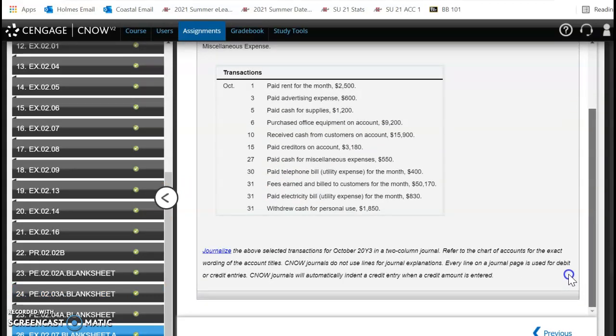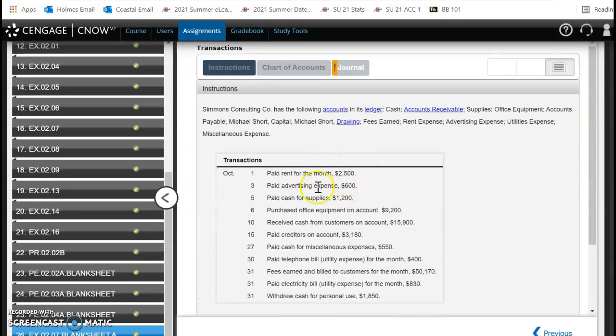I just clicked on it again and opened a new problem, so the numbers are different, but you're going to go through each one of those and do your journal entry.